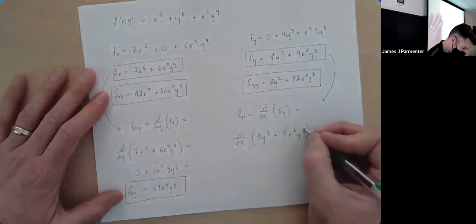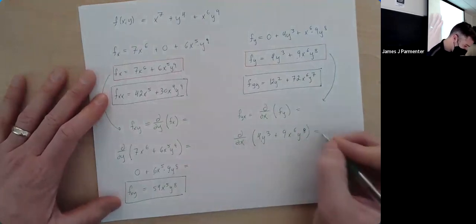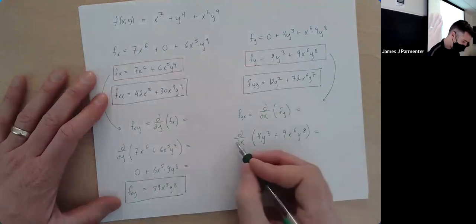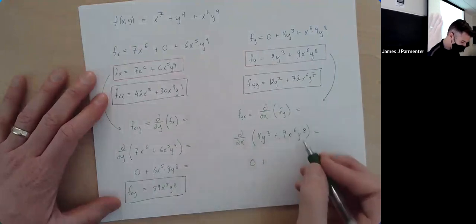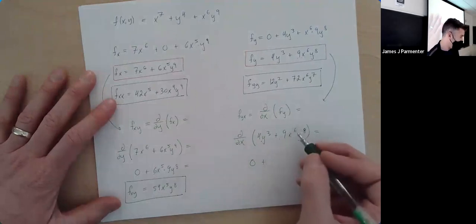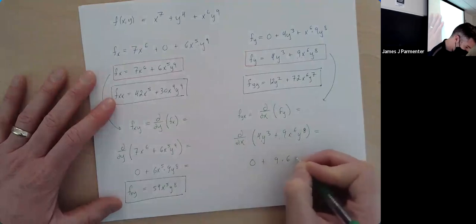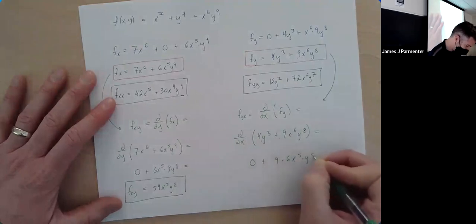The derivative with respect to x of 4y cubed is going to be 0. And the derivative with respect to x of 9x to the 6th times y to the 8th, basically we're just taking the derivative of x to the 6th and leaving everything else alone. So we're going to get 9 times 6x to the 5th times y to the 8th.